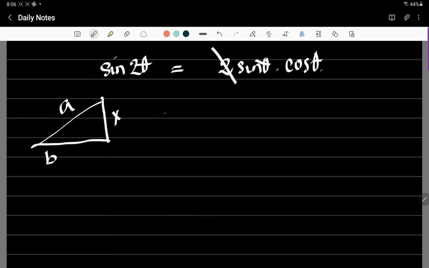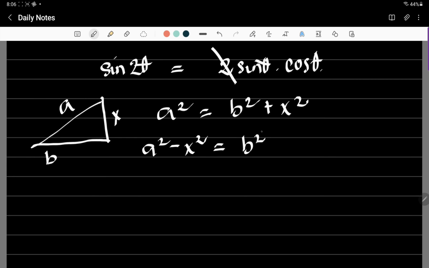We know that A square equal B square plus X square, right? So bring X over to the left. Correct? Or take a root, you have that. So now, this right here, I will change to become what? This right here, the same thing as this.